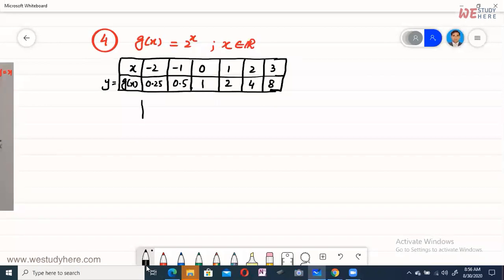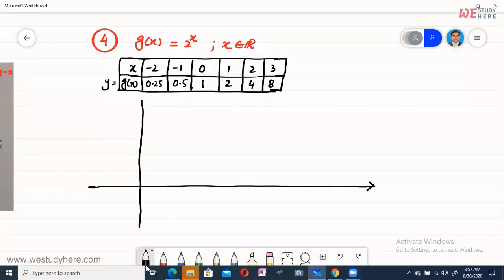Now we will draw the graph. This is the y-axis and this is the x-axis. This side is negative x and this side is negative y. This is 1, 2, 3, 4, 5. This side -1, -2, -3, -4.